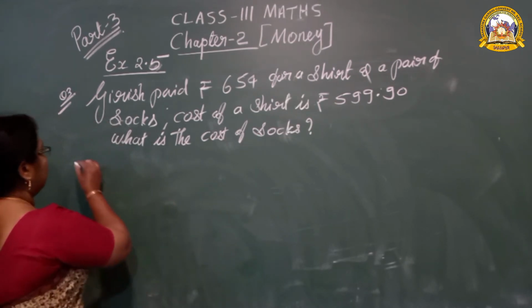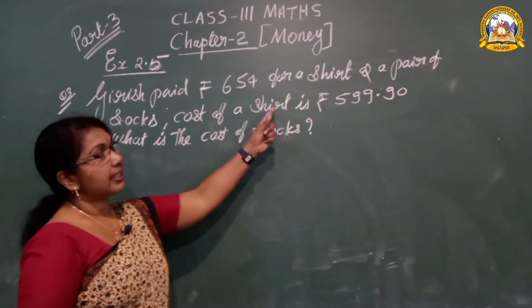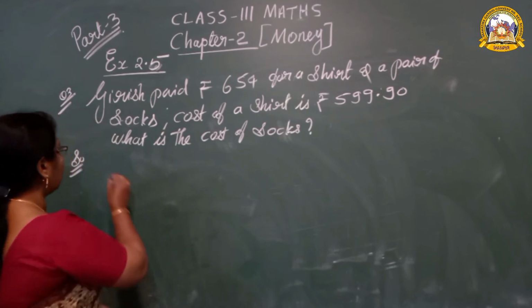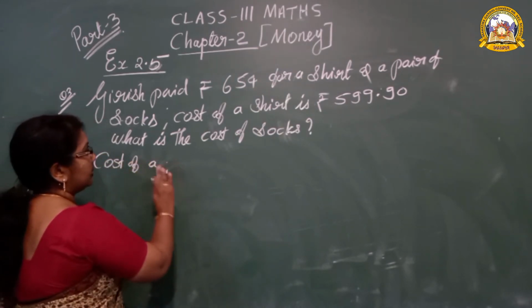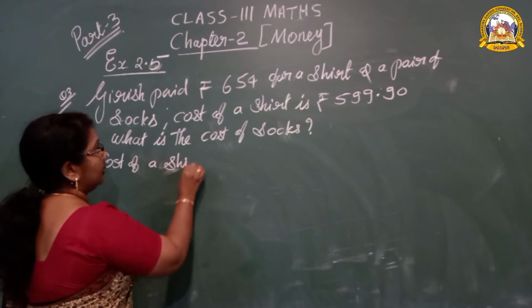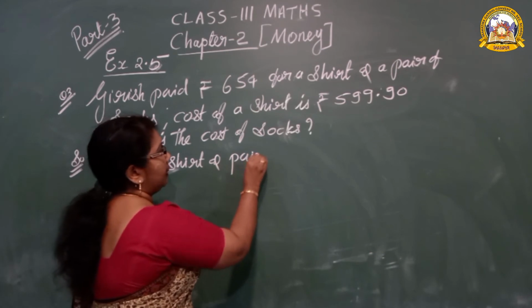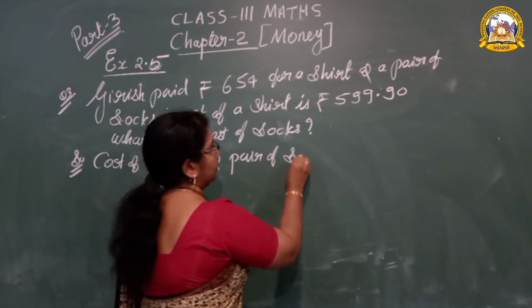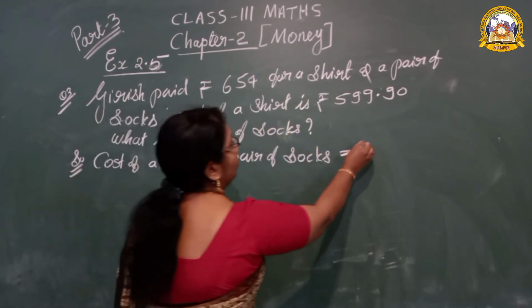So what is the first step? Cost of a shirt and pair of socks. That means both, how much amount? What is written?